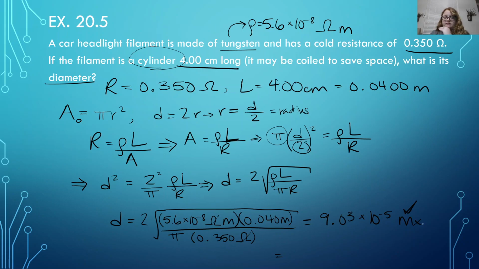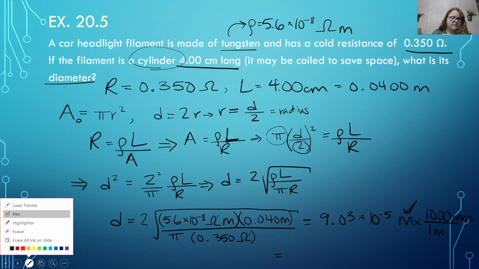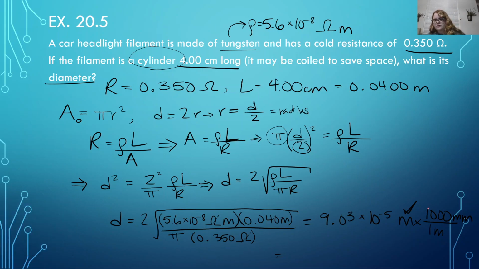So to get to millimeters, let's say 1 meter times millimeters. Oh man, that's hard to read. Let me get red out. Right, there are 1,000 millimeters in 1 meter.